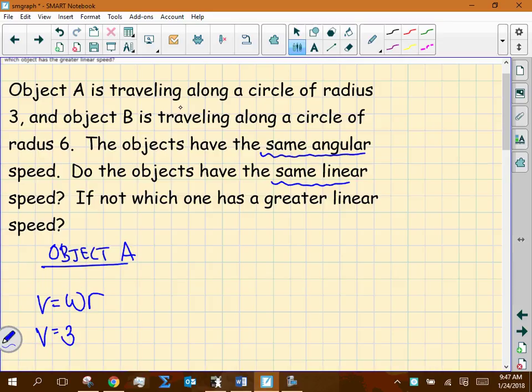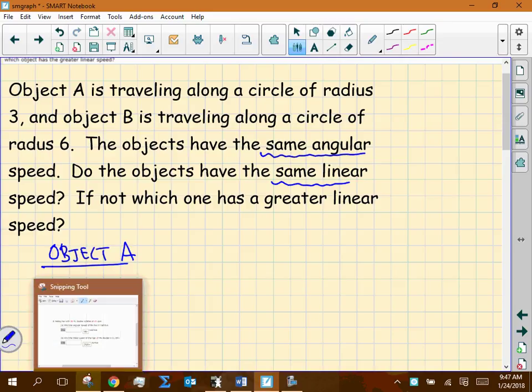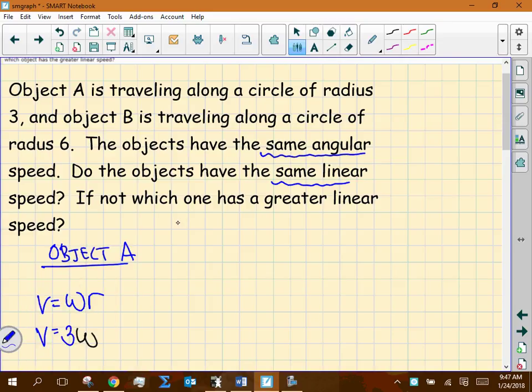We don't know the angular speed, so I'm just going to call it omega and keep that as the variable. So right now, object A is traveling at 3 omega. Well, if I go to object B and I go v equals omega r, what is r for object B? 6. So I get 6 omega, right?